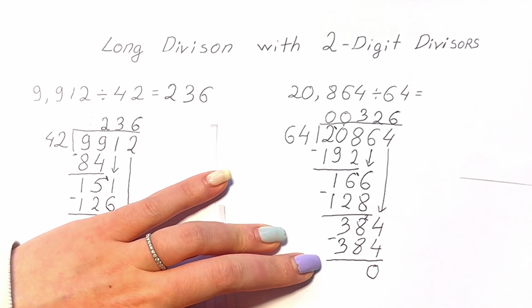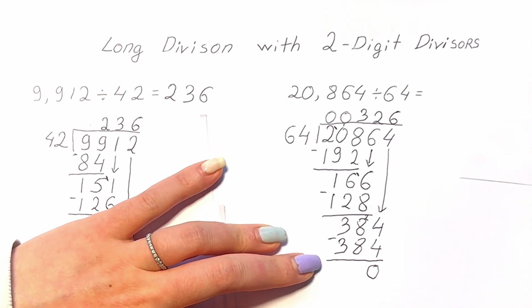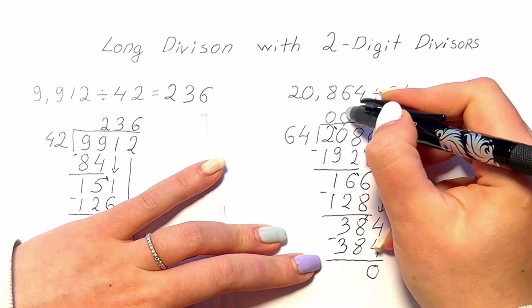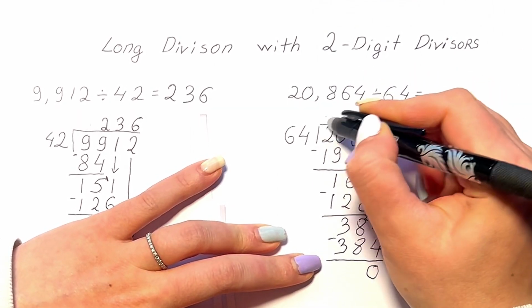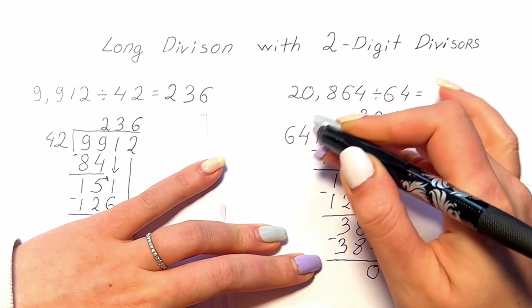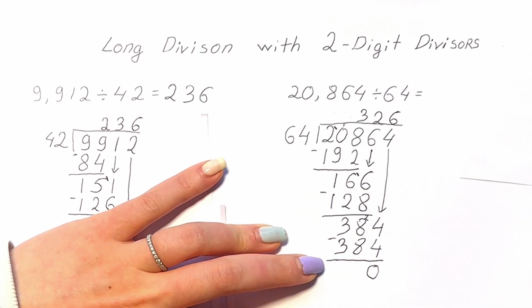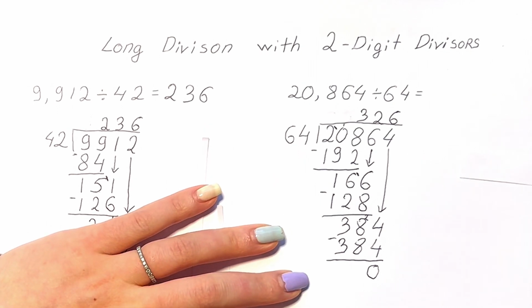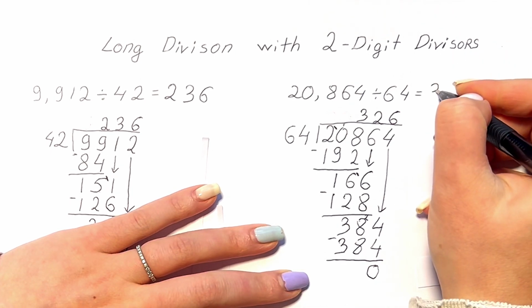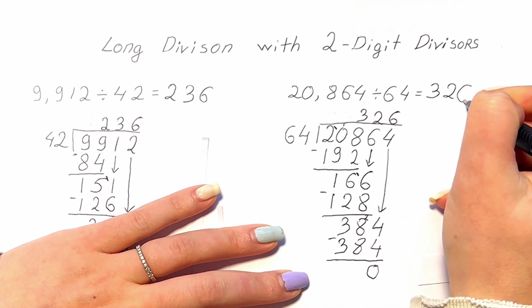Okay, so I'm gonna erase the zeros in the front of the answer because the number cannot start with 0. Now, 20,864 divided by 64 is equal to 326.